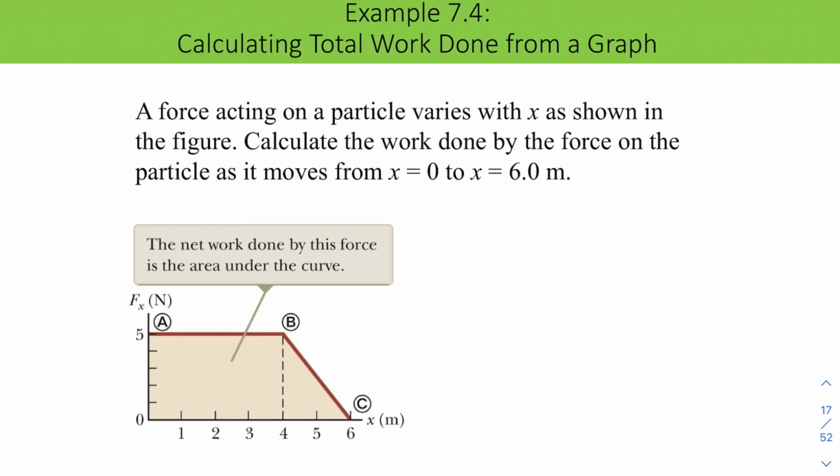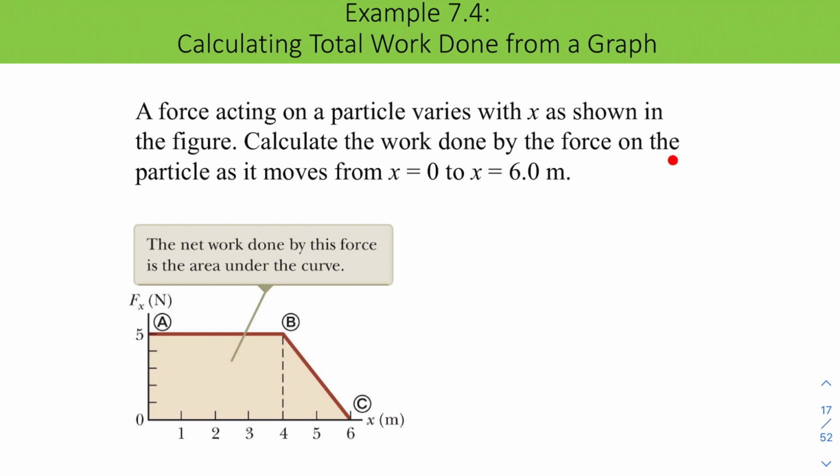7.4 Calculating total work done from a graph. Given to us now is a graph of F(x) versus x. Let's read the statement. A force acting on a particle varies with x as shown in the figure.